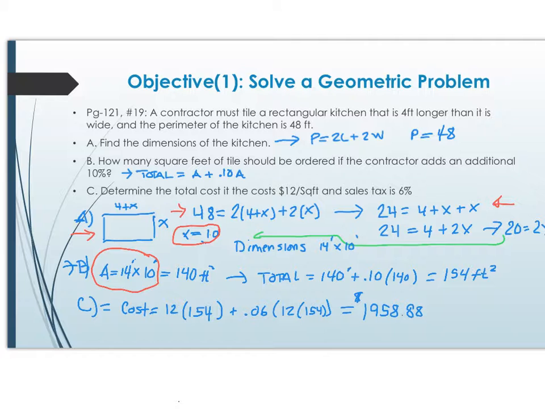Now I'm going to use that for my costs, and my costs are $12 a square foot. So it's going to be 12 times 154 plus the tax, which is 6%, so it's 12 times 154 times 0.06. And I get $1,958.88 is the estimate for tiling the kitchen.